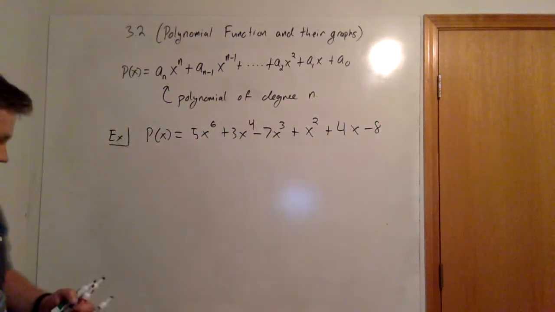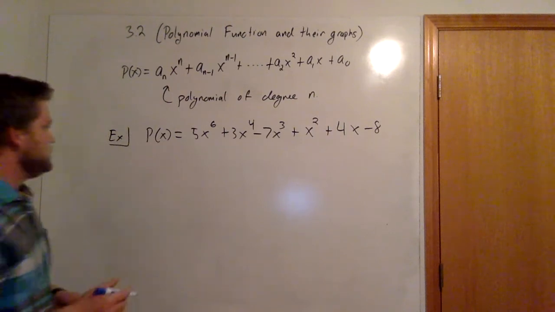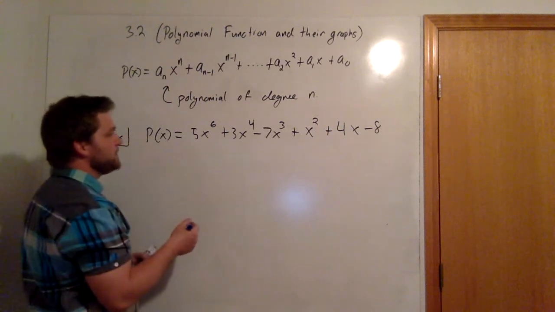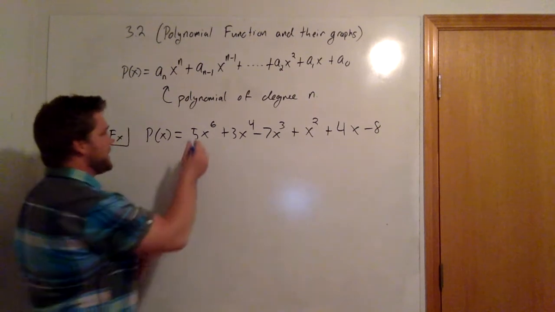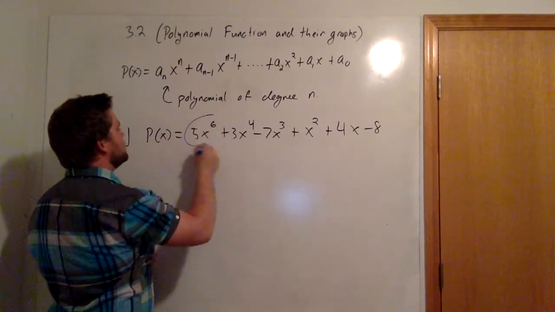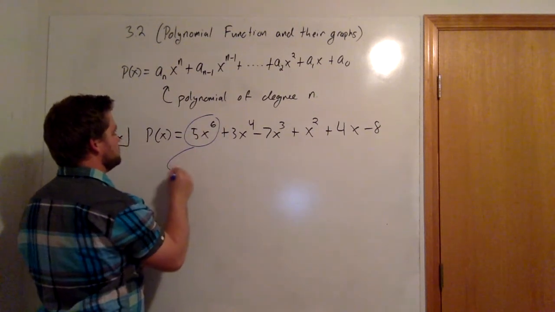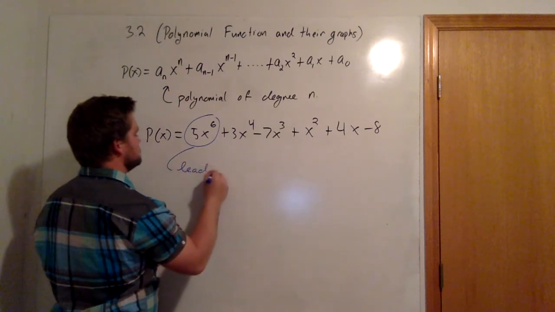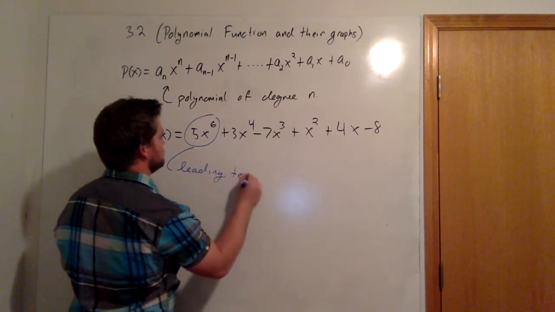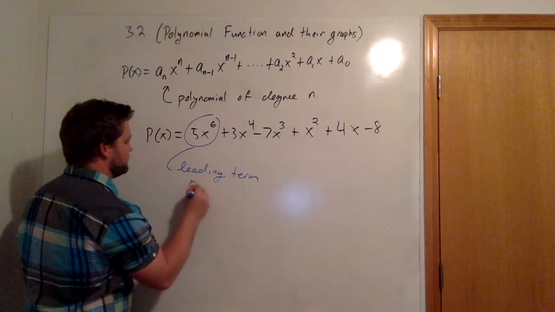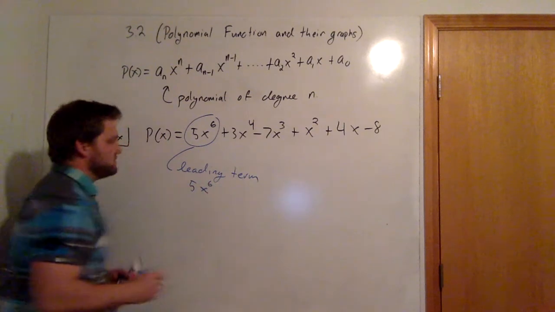Okay, so some of the vocabulary: the term that has the largest power, this 5x to the 6th, we call this the leading term. The leading term is 5x to the 6th.